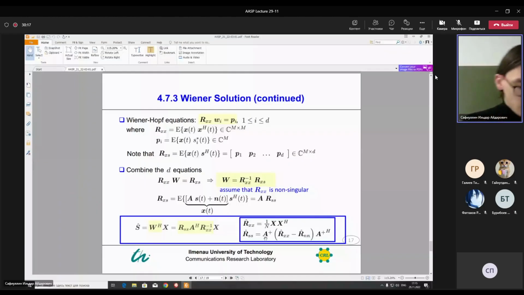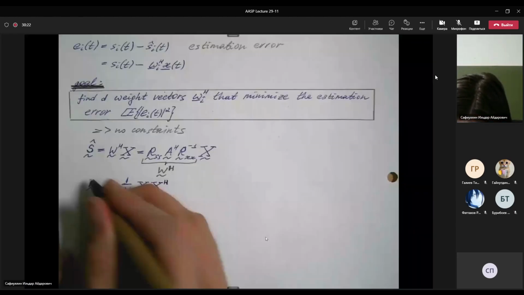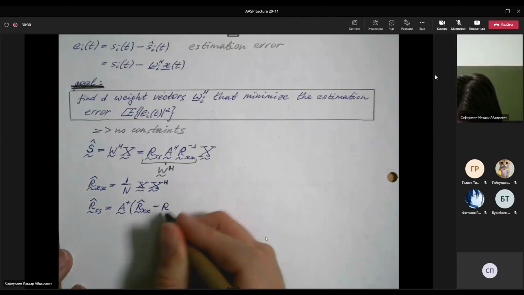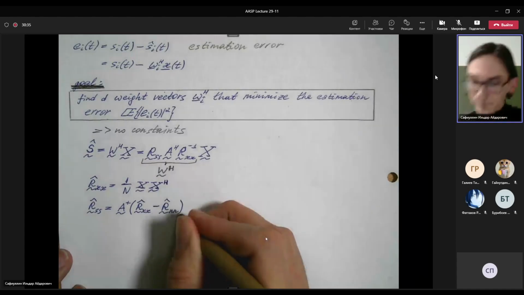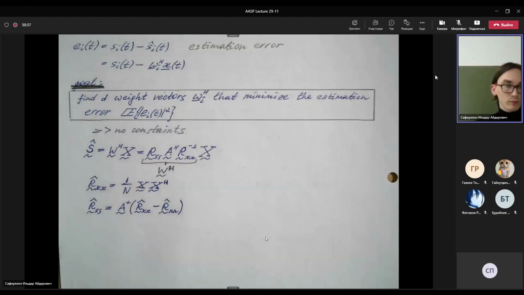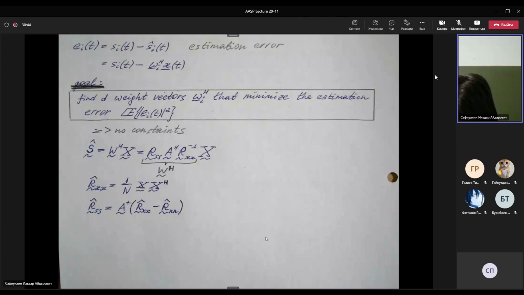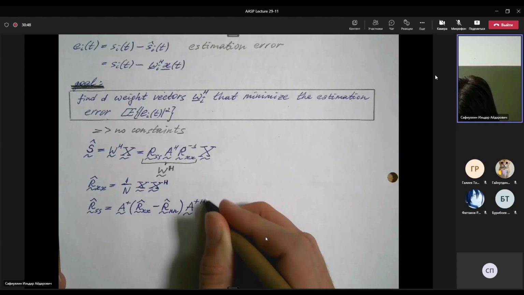And of course, let me check. So this one is the estimate of Rx, and this one is the estimate of RSS. Minus the correlation matrix of the noise, with estimate. And the last value here is the Hermitian of the pseudo inverse of A.